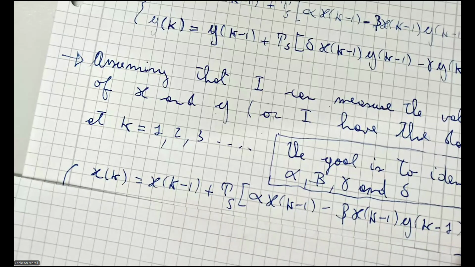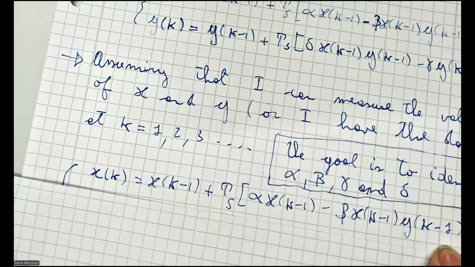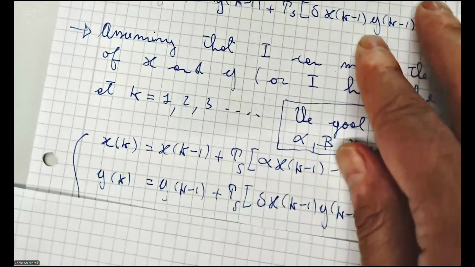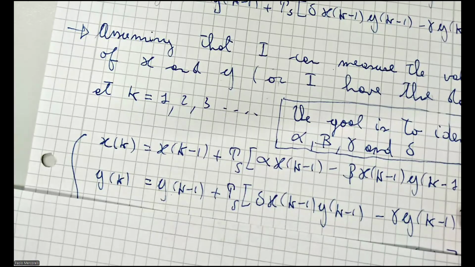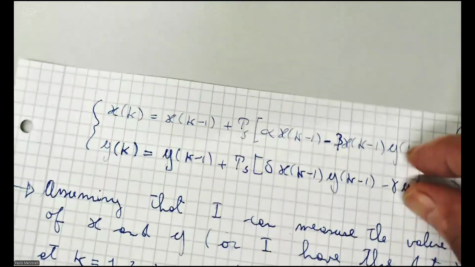Let's consider that I can measure x and y. This means this I know, this I know, this I know, this I know. I can repeat again the equation for y. Basically, these two equations are these two equations.